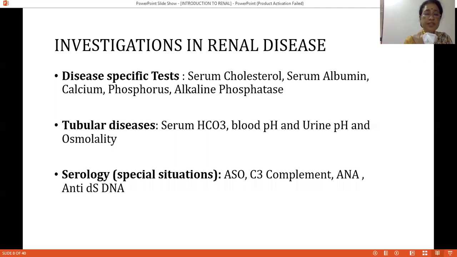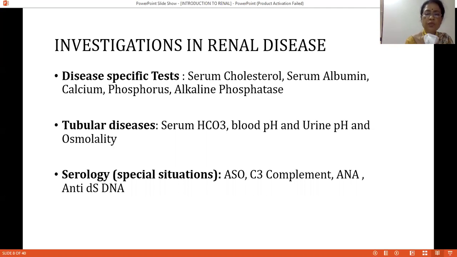Then serology investigations in special situations, for example ASO titer. Suppose the case is post-streptococcal glomerulonephritis, this ASO titer is an antibody, so you will get it raised in post-streptococcal glomerulonephritis. Then C3 complement.